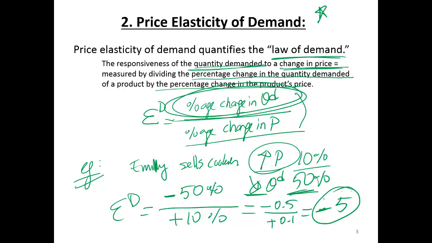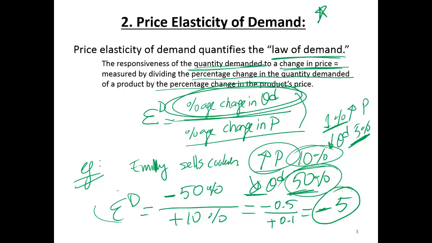Do you know what this means? This means that 1% increase in price drops quantity demanded for cookies by 5 percentage points. That's a huge response, okay? So if you are already given these percentage changes, okay, price has increased 10%, quantity has gone down 50%, it's super easy to calculate price elasticity of demand.